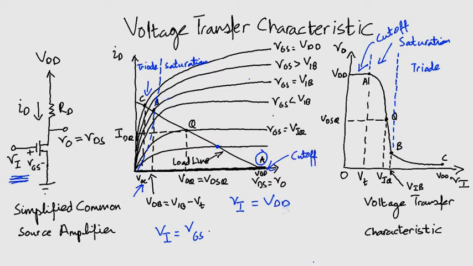From this graph, the voltage transfer characteristic, you can see that the nonlinear characteristic is almost linear between the segment A to B, this one. Hence, we are going to be using this part for amplifier. Why? Because the amplifier requires linear amplification, and this is an almost linear segment.